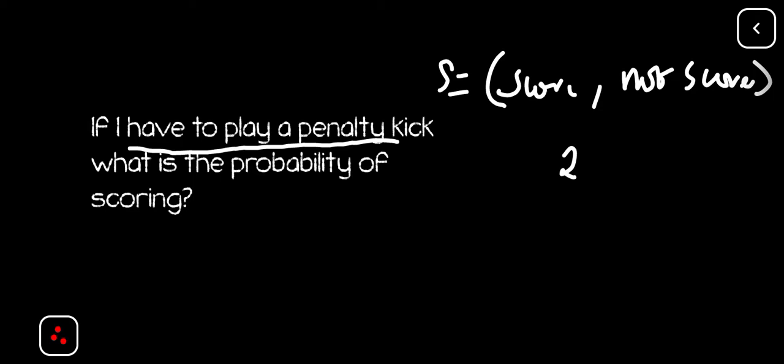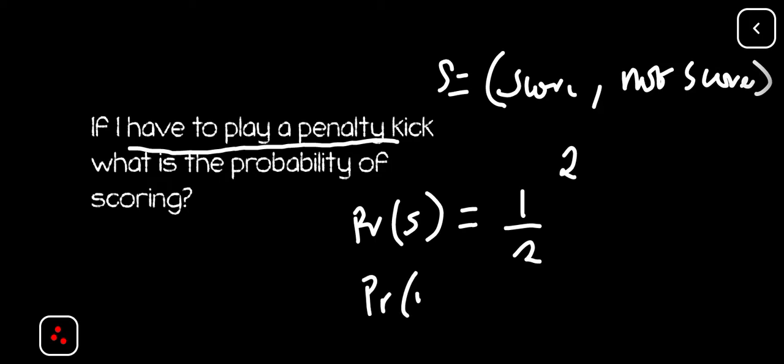Now the probability that you will score is going to be 1 over 2, right? Also the probability that you do not score is 1 over 2.